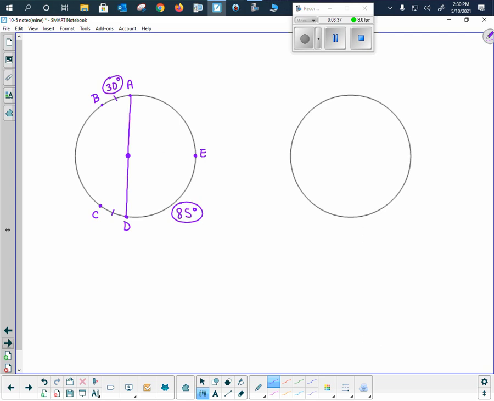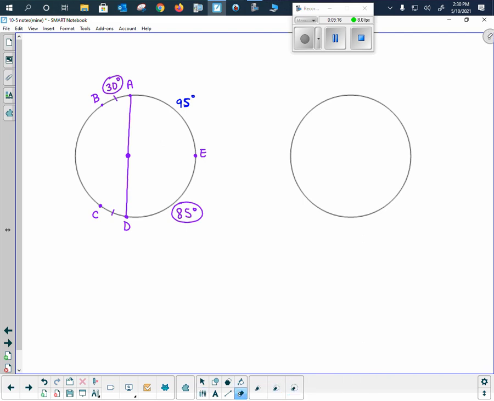Well, the first thing I look at, guys, you know I like to just work in the picture and find everything I possibly can. So I do see a diameter. That's the most important thing here, that it's going through the center of the circle with that dot. So I've got a diameter. I know each side is 180 degrees. So probably the easiest thing for me to find first is maybe AE, because that would be 180 minus 85 to give me 95 degrees.